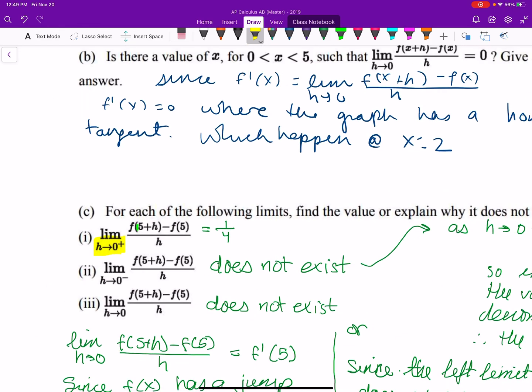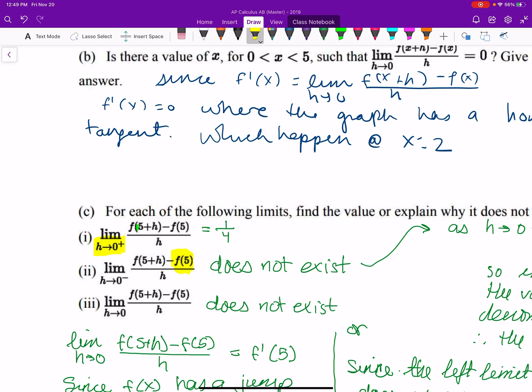It's the other side that's a little more problematic. If I asked you for f of x plus h minus f of x over h at the limit there, that would be slightly different. But here it's asking you to take the derivative from the left-hand side, and you have to use f of 5. Now, f of 5 is 1 based on both the table and the graph.